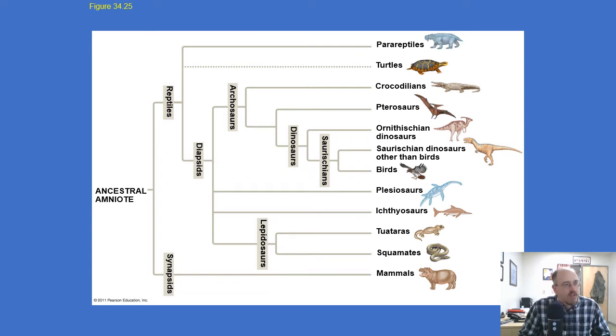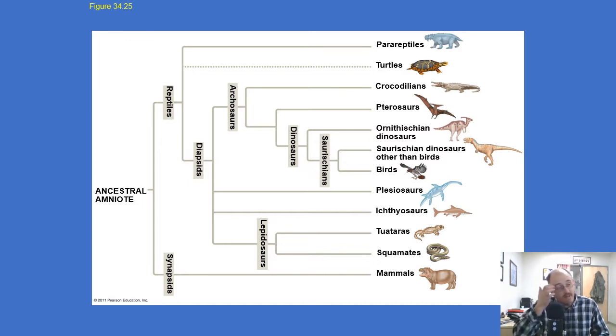So here we can see the amniotes, basically. The ancestral amniote down here, we have all the dinosaurs and the reptiles that have evolved. Here's the snakes and things, and we can see that early on, way down here, we have a branch called the synapsids, which were related to the reptiles.